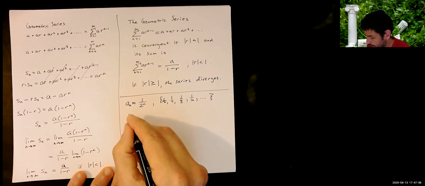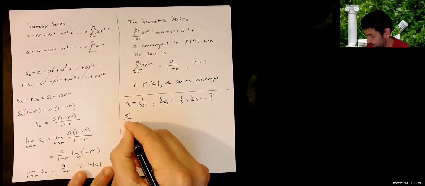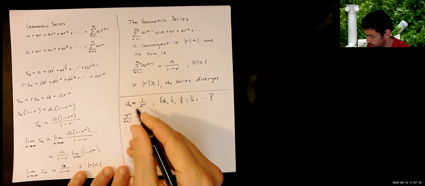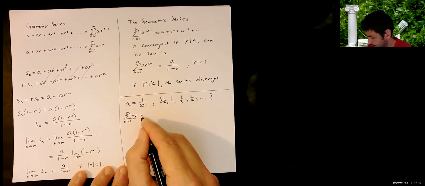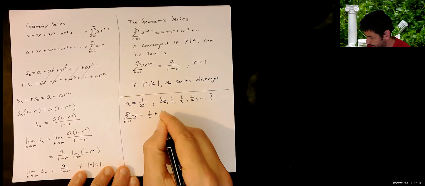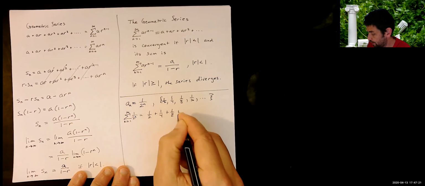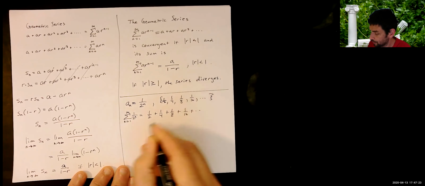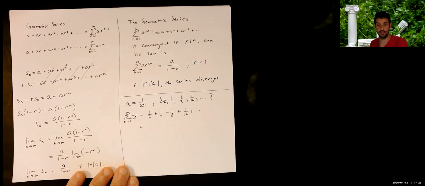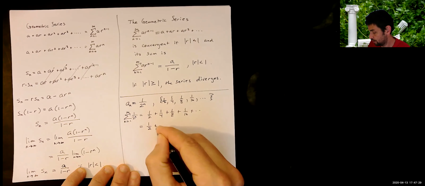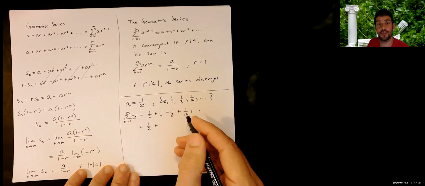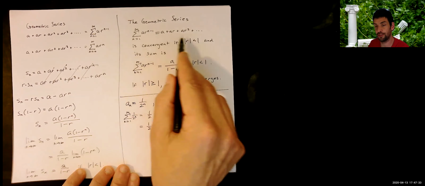Let's look at the series, n equals 1 to infinity of 1 over 2 to the n. This is, of course, 1/2 plus 1/4 plus 1/8 plus 1/16. I just want to rewrite this a little bit into the familiar form as the series is written up here.